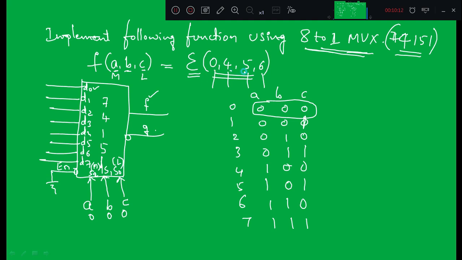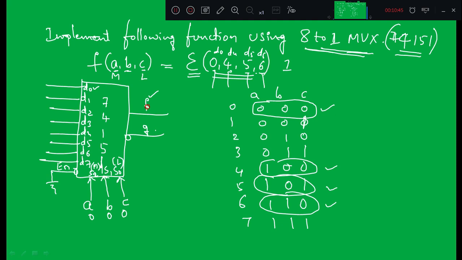So here these are the min terms, right? 0, 4, 5, 6, that means D0, D4, D5, D6. For these data lines I need to connect 1, because whenever select lines are 0, 4, 5 and 6, for these 4 select line combinations the output should be equal to 1.